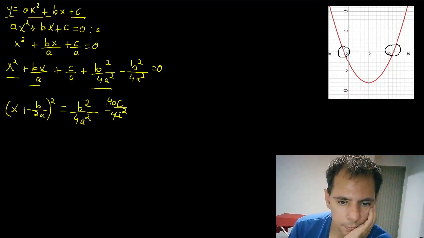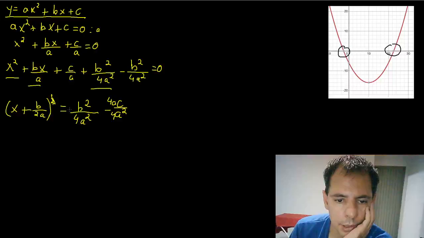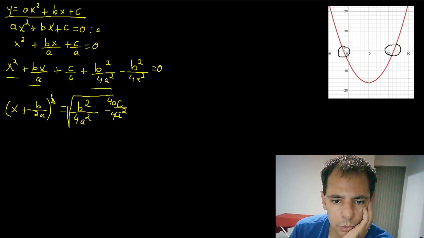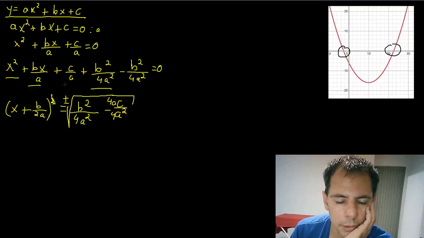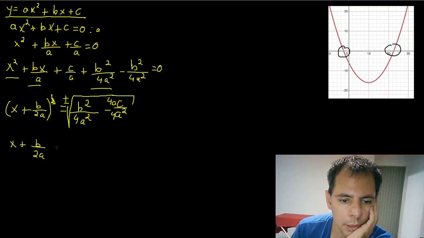Okay, good. Now, I'm going to take the square root of both sides, okay? Taking the square root, I can make this 2 disappear. And when you take the square root, it has to be plus or minus, okay? So on this side it's going to be x plus b divided by 2a equals plus or minus.